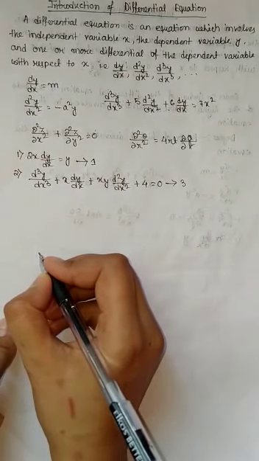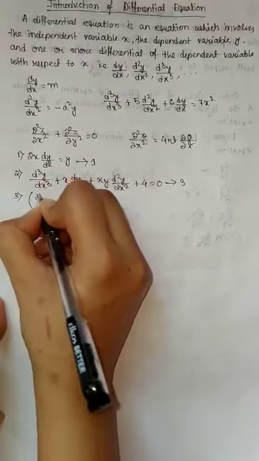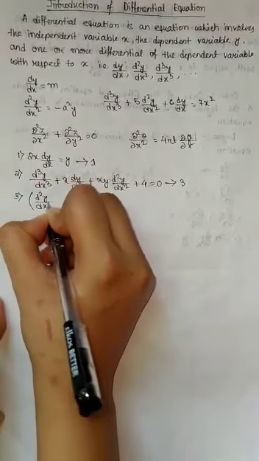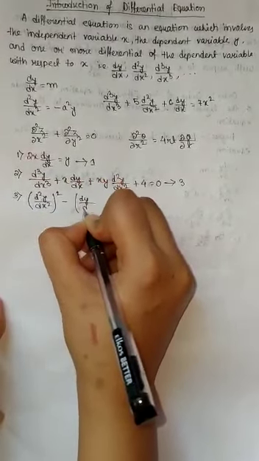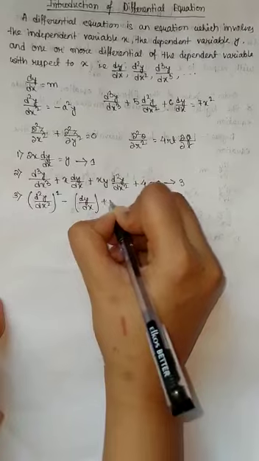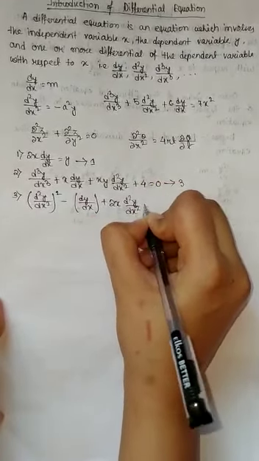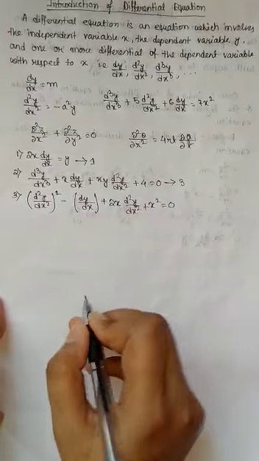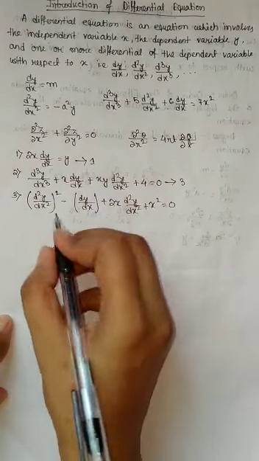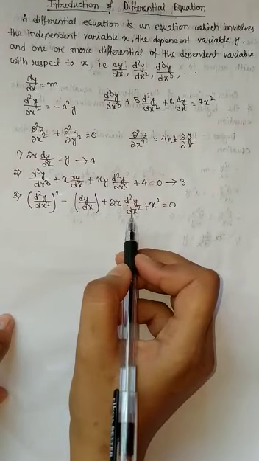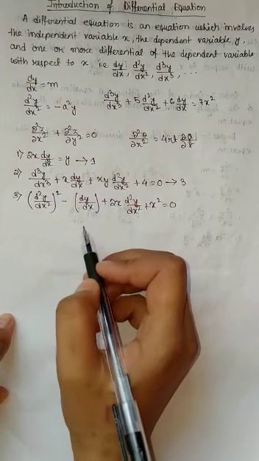Next, let us consider another example: (d2y/dx2) whole square minus dy/dx plus 2x d2y/dx2 plus x square equals 0. There are three terms involving differential coefficients. The first and the third terms contain the second order derivative and the second term contains the first order derivative.